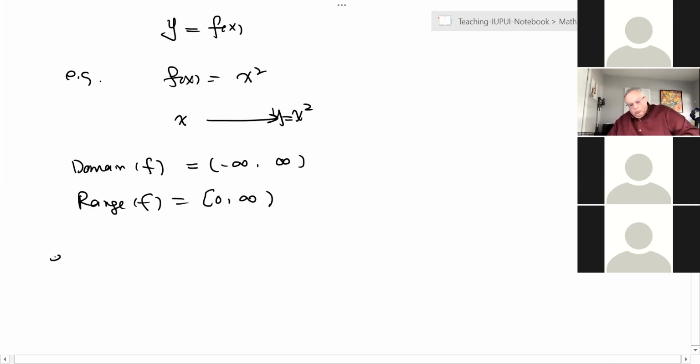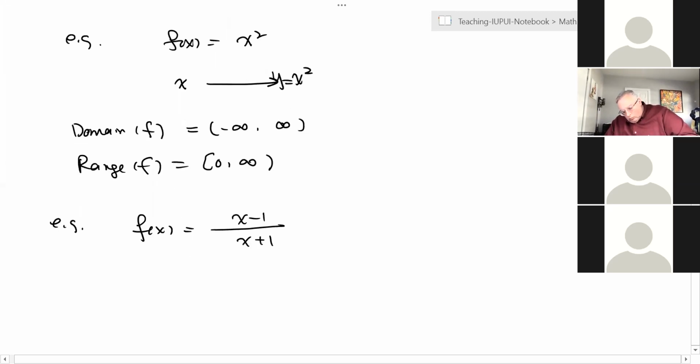Let's look at another example. For example, the formula for the function is 1 over x plus 1. If I do not specifically mention the domain of f, what is the domain of this f? Implicitly, it's given by the formula.